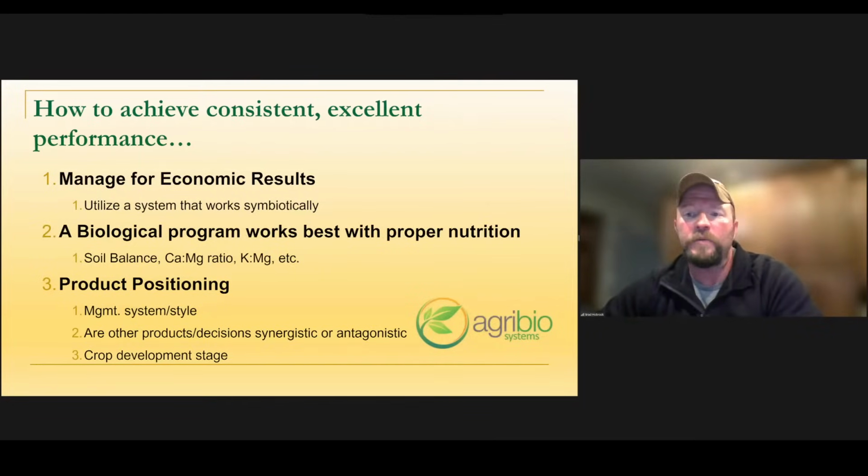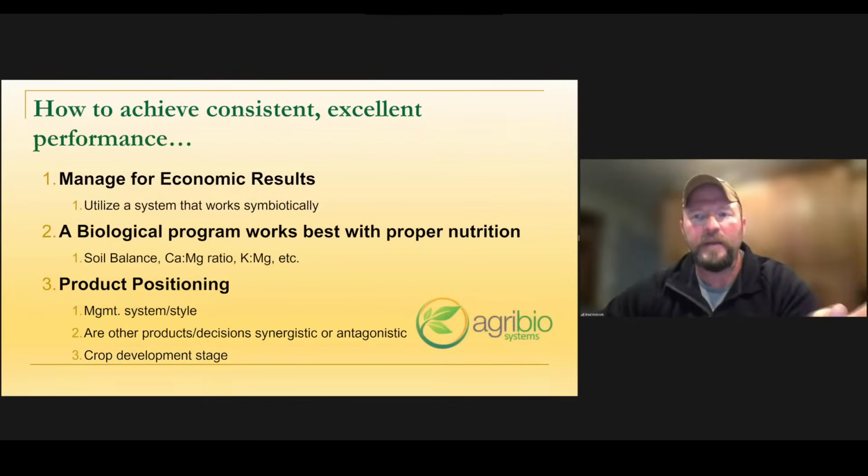again, simply because we've done it for 20, 30, 40, 50 years. Well, I think I need 200 pounds of this and 200 pounds of that. Well, what testing are we doing that actually backs that up?